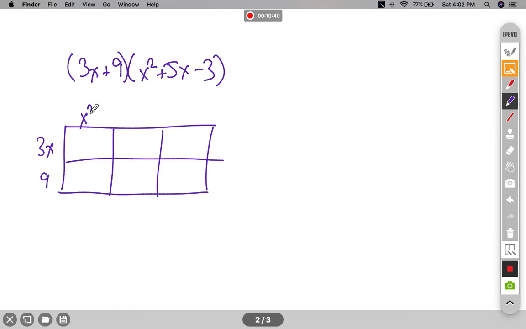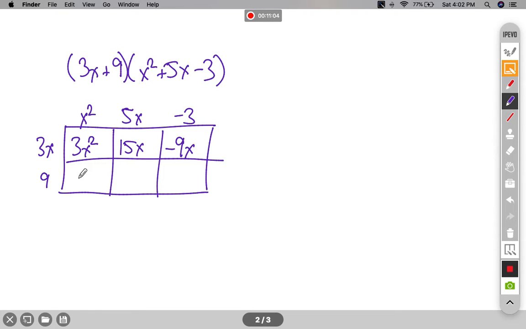And here I'll have my x squared, 5x minus 3. And then I just do again what I did. 3x times x squared, 3x cubed. 3x times 5x, 15x squared. 3x times a negative 3 is a negative 9x.